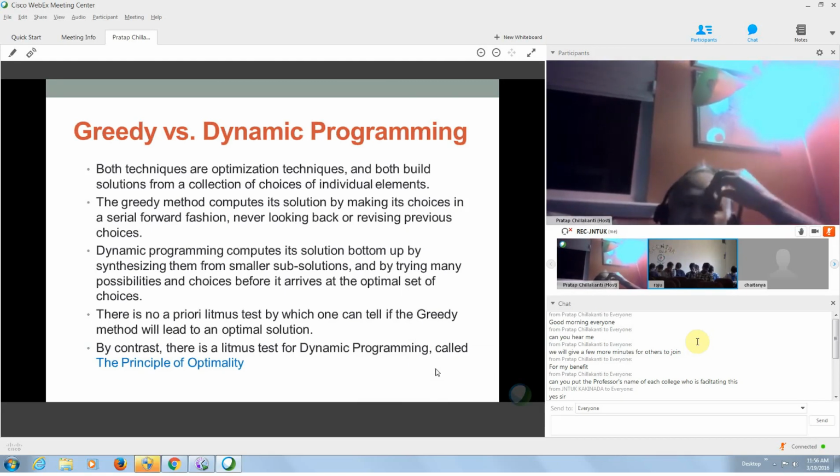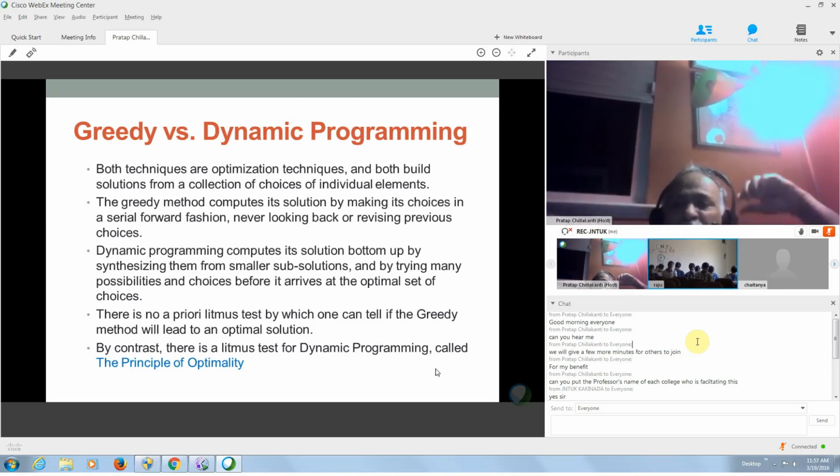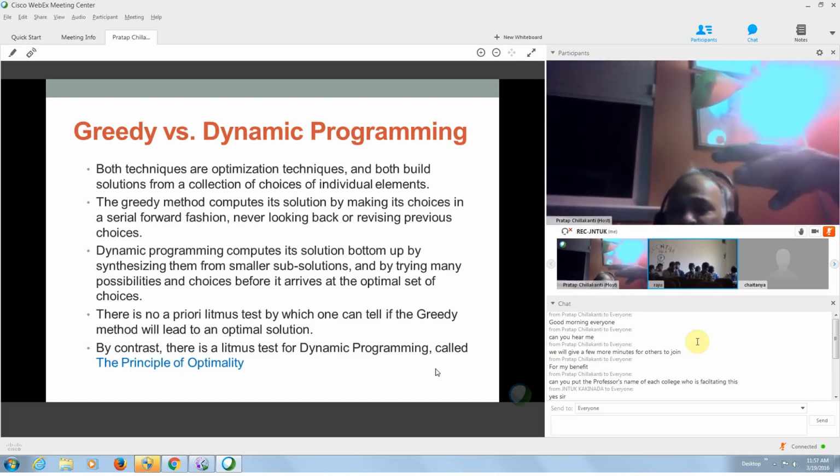What is the difference, right? Both are optimization techniques. Okay. Now, when you do greedy, you make a choice, you move on, you never go back, right? Whatever decision you make, like if you take the shortest path between source and destination, you have 3 branches, you take the lowest branch, you go to node B, and that's it, you never go back.